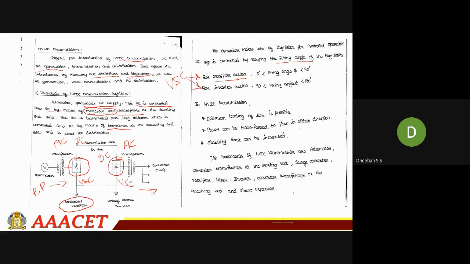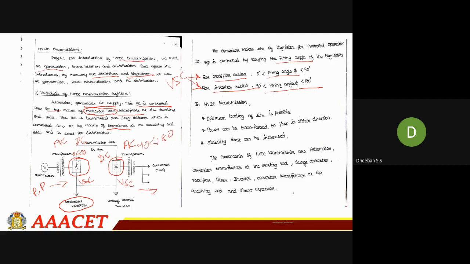For rectification action, the firing angle must be from 0 to 90 degrees. At the same time, for inverter action, it has to be from 90 to 180 degrees. So here it operates as a rectifier, from 0 to 90, and over here from 90 to 180.